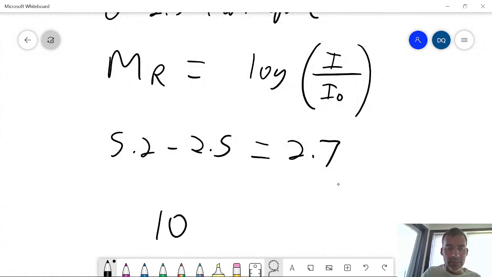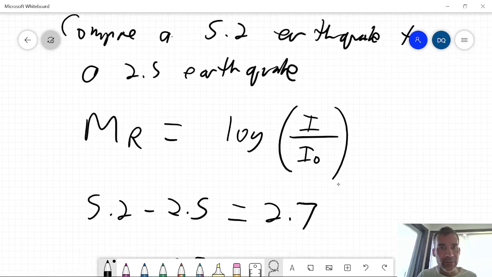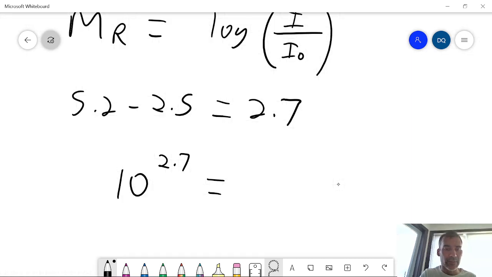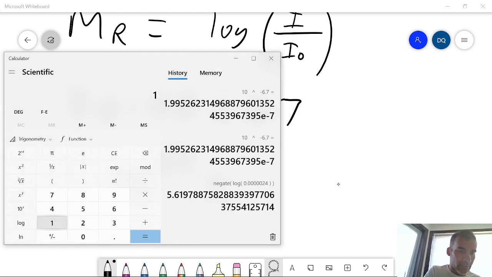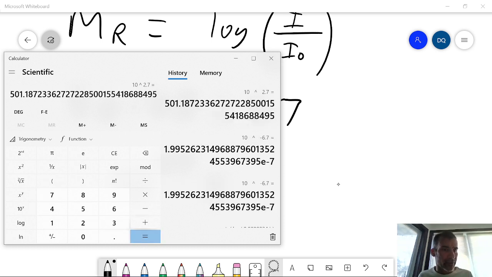Take 10 to the exponent 2.7, and that's how many times greater in magnitude the 5.2 earthquake is compared to the 2.5. 10 to the exponent 2.7, so it's going to be greater than 100 and less than 1,000. 10 to the 2.7 is 501.